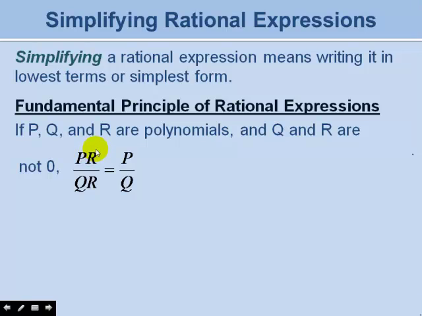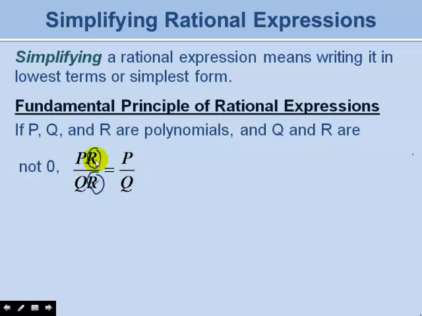All we're saying here is that if there is a factor in common between the numerator and the denominator, like the r is in this case, then we can cancel that out and just be left with the p over q.